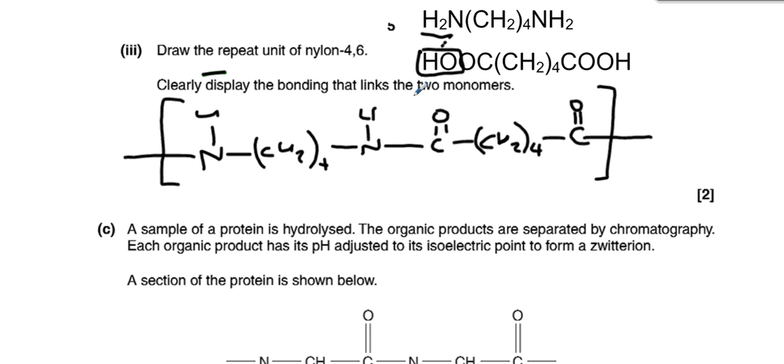That's my peptide link, or my amide. So clearly displayed, and it's 1 mark for that and 1 mark for making sure that you've got the two complete monomers and you've not done anything with the ends of these. So for your monomer, you just take off the pieces that you don't need and draw them as is.